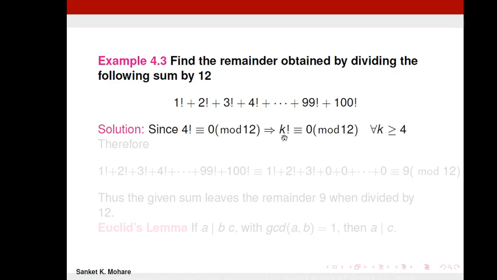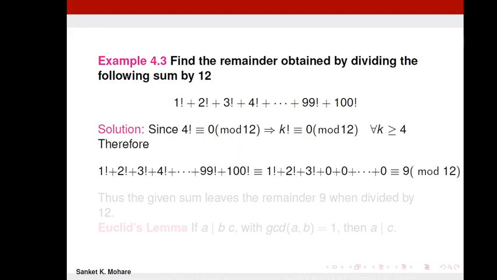For example, 5 factorial is 120, and 120 is divisible by 12. That's why 5 factorial is congruent to 0 modulo 12. Similarly 6 factorial, 7 factorial, all other factorials are divisible by 12. So that's why k factorial is congruent to 0 modulo 12 for all k greater than or equal to 4, as 4 factorial is congruent to 0 modulo 12.